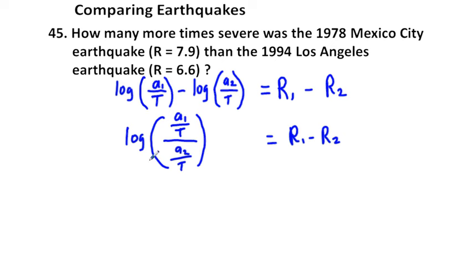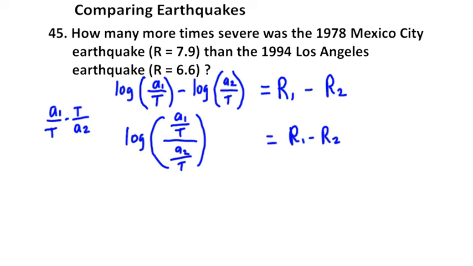And so when we work this out, I'm going to work this out on the left. If we have a sub 1 over t, we can divide by a sub 2 over t by taking the reciprocal, multiplying by the reciprocal of the denominator. So instead of dividing by a sub 2 over t, we can multiply by t over a sub 2.